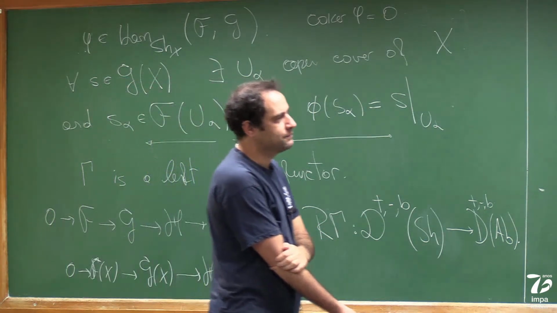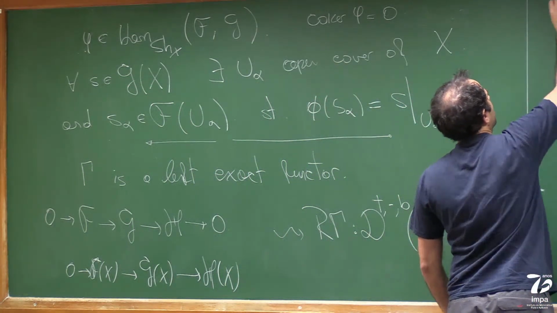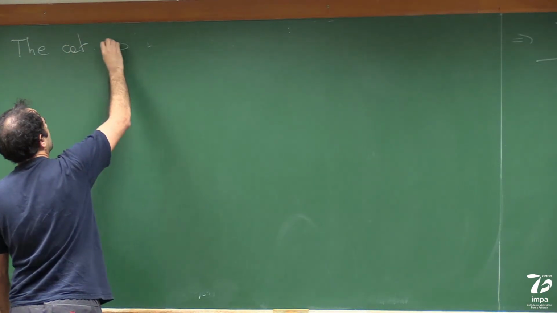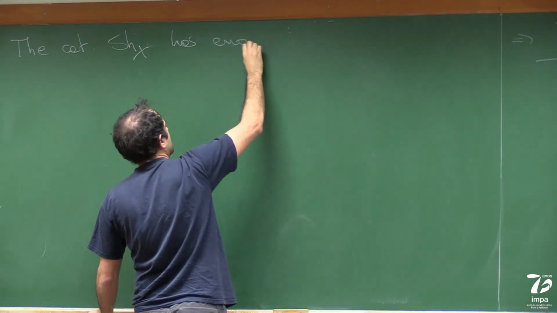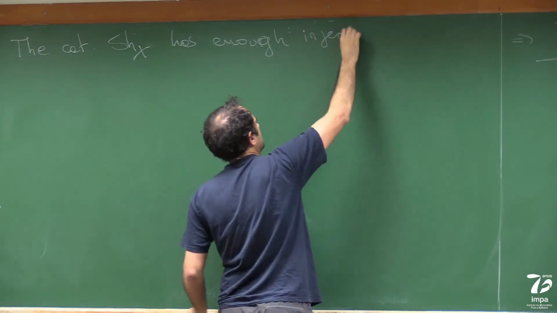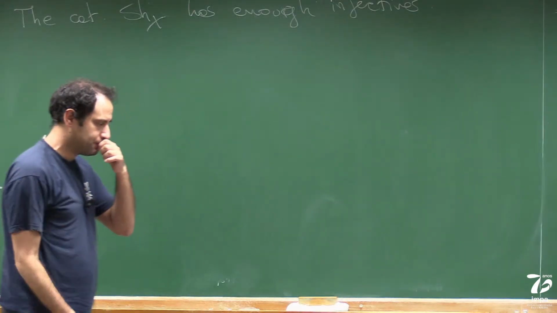So for that, the statement is the following: the category of sheaves has enough injectives. So let's prove that.